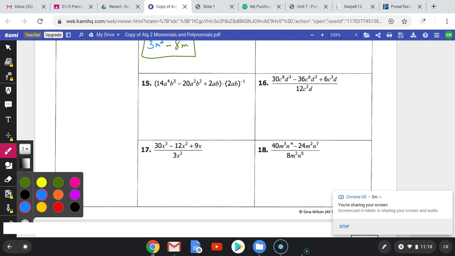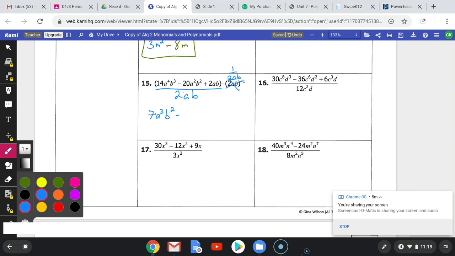So this is really 1 over 2ab, which means I'm really dividing this whole thing by 2ab. So I'm just going to take each term and divide it by that. 14a fourth b cubed divided by 2ab. Well, 14 divided by 2 is 7. A fourth divided by a is a cubed. And b cubed divided by b is b squared.